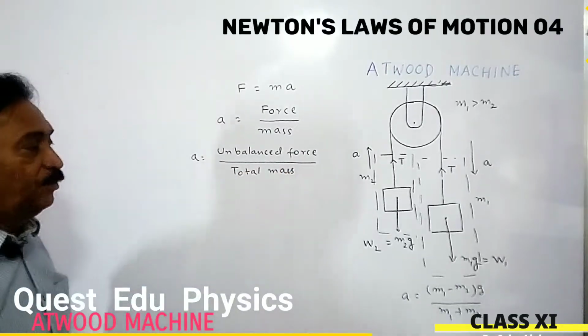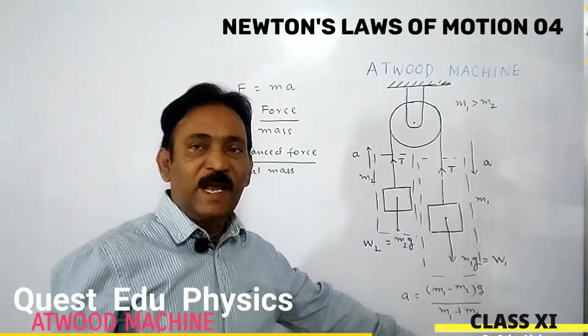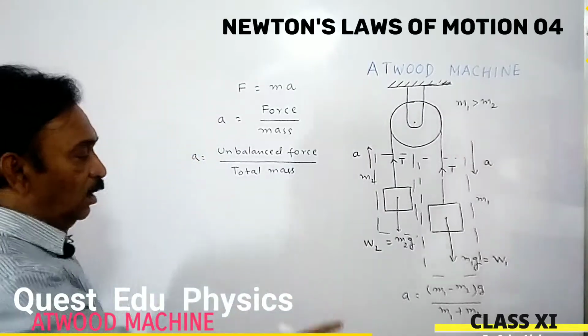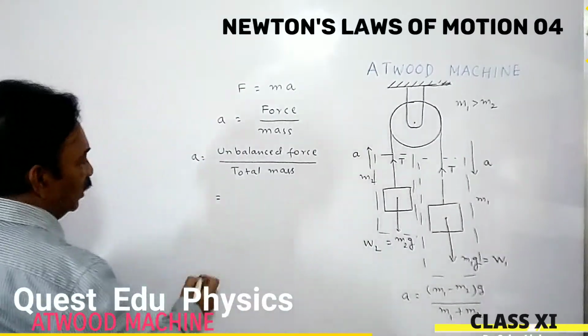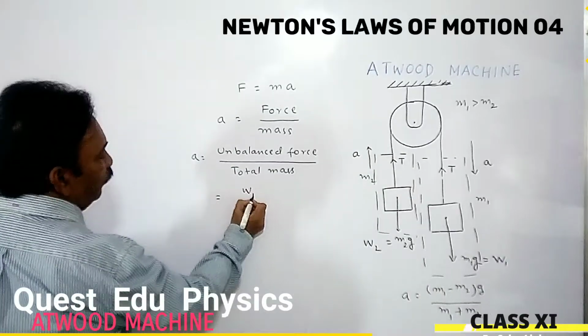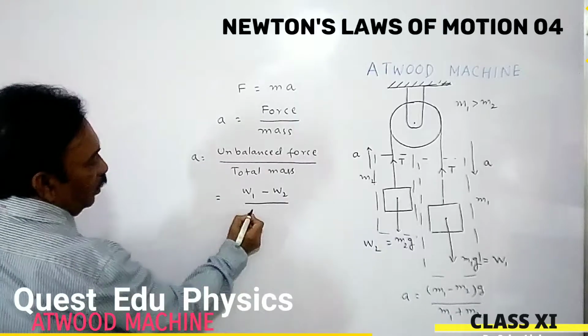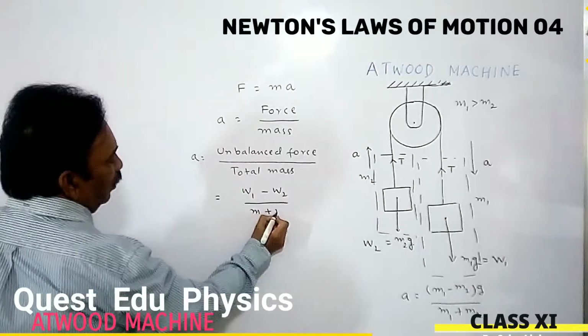Okay, students, what is the unbalanced force? Force which is acting downwards minus upwards. Obviously, the force acting downwards is W1 minus W2 by total mass M1 plus M2.